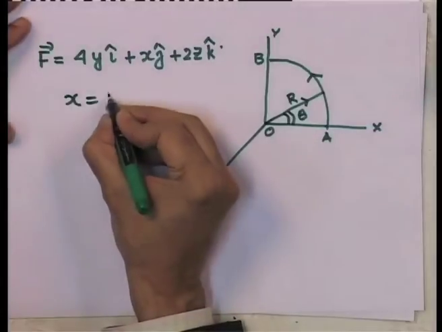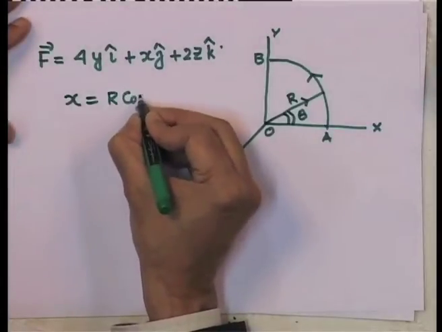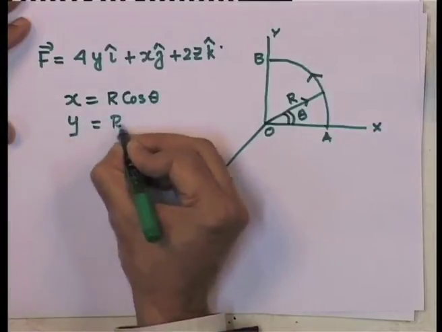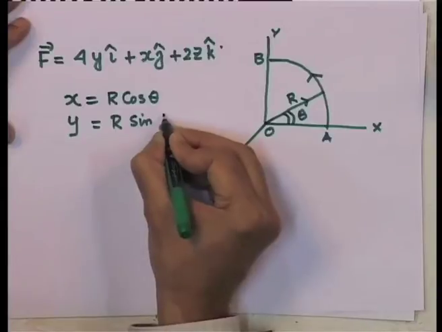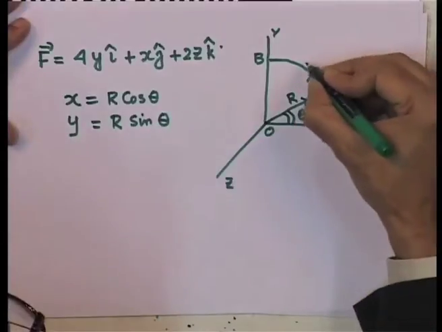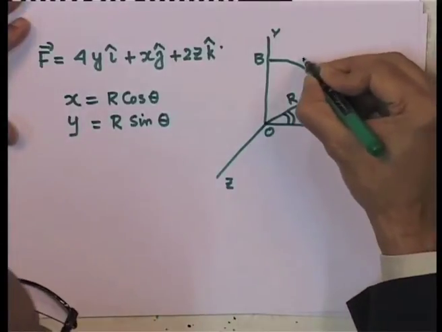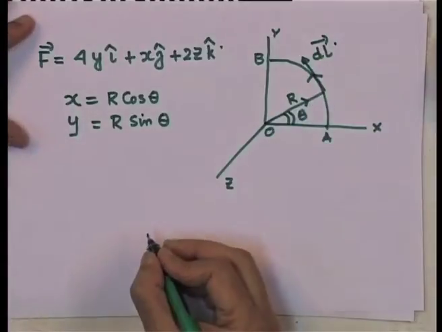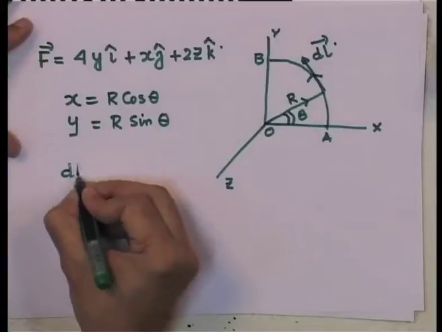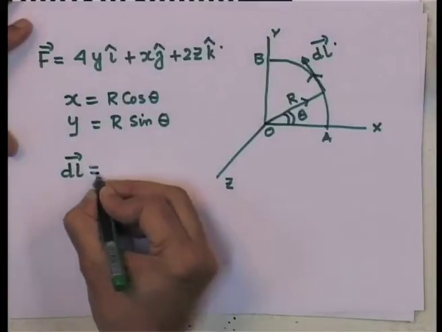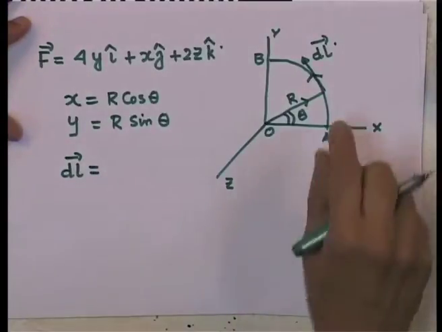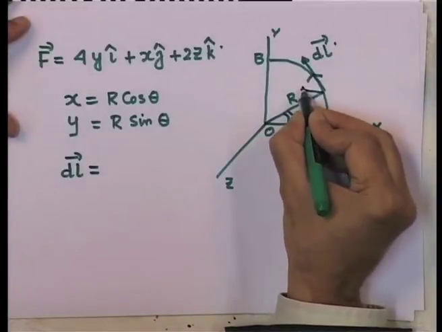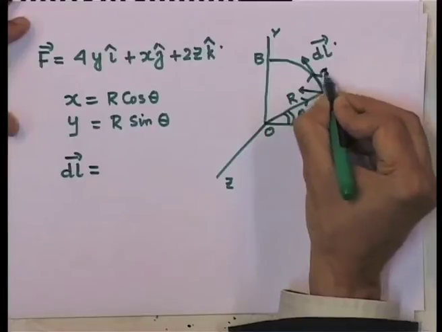So, x is equal to r cos theta, y is equal to r sin theta, and dl is along this tangent. This is the direction of the tangent. So, the unit vector along dl, you can see that dl has a minus x component and a plus y component.